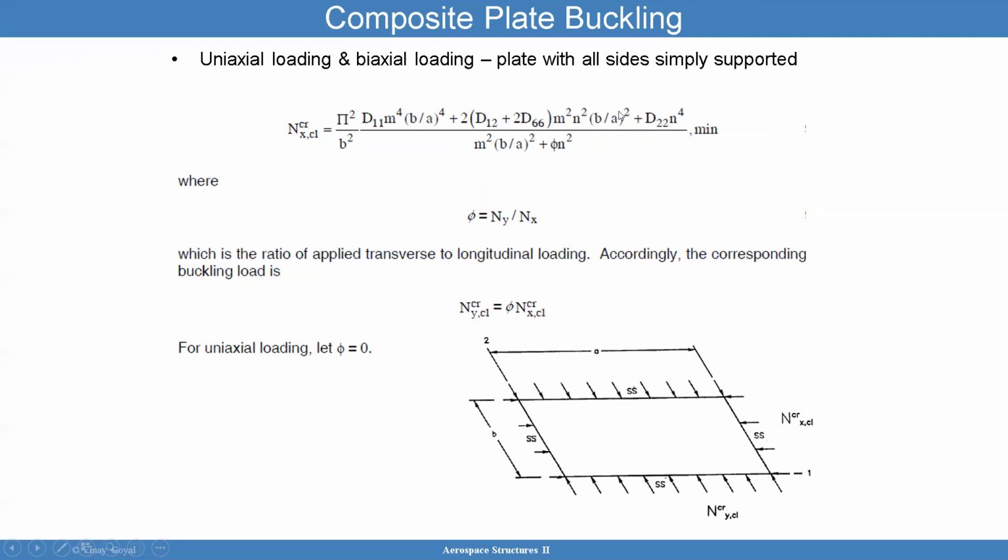You select m and n to minimize N. Phi is known because that's the load applied, the ratio of the biaxiality, how much biaxiality you have. For example, phi is 1 if the loading is equal in both directions. You know the b over a, the ratio of one edge to another edge, and you know pi, and you know b, so you can calculate the critical load. So it's a simple calculation.